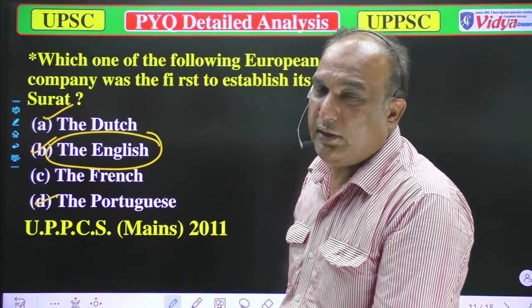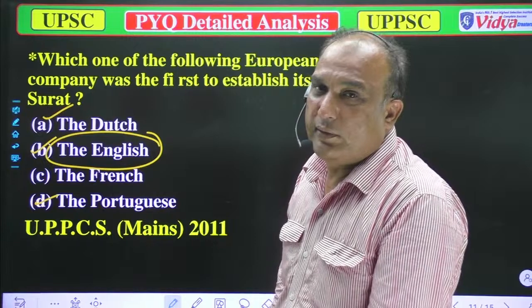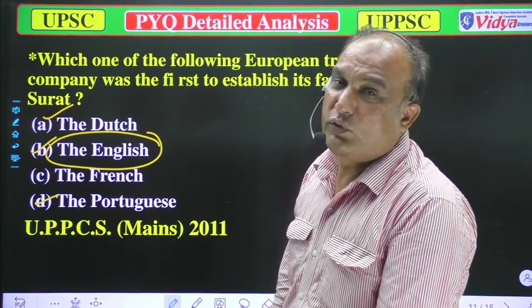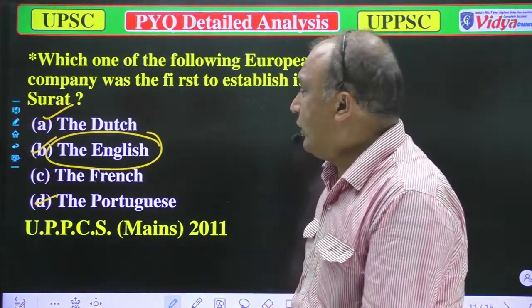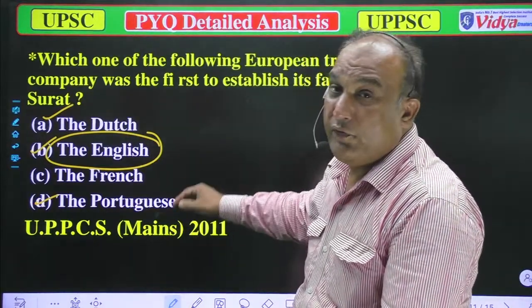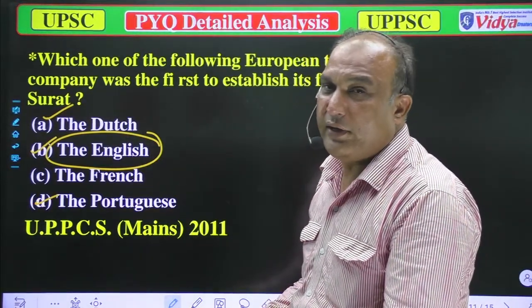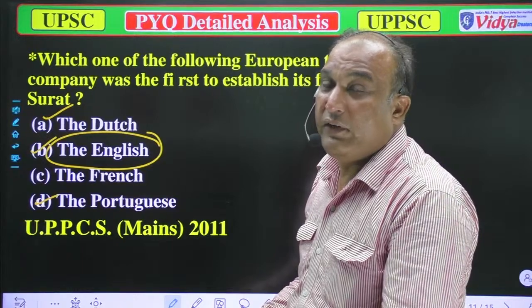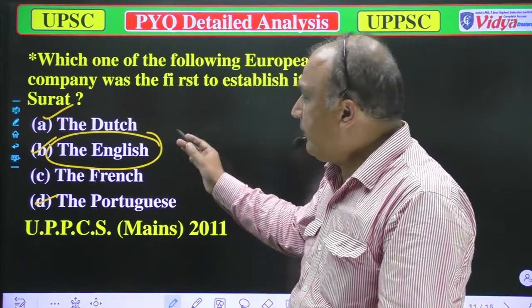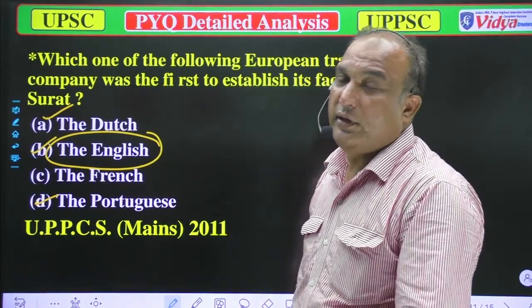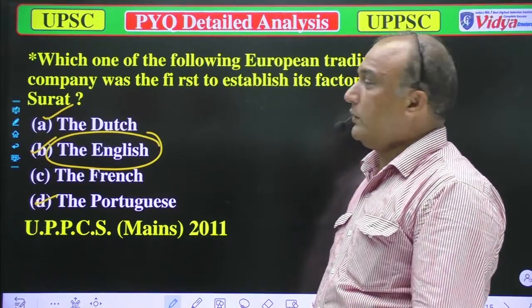They started trading in Surat, which was the most famous place, as it is right now. After the English, the French also established their factories in Surat, by Francois Caron, right? But the English were first.